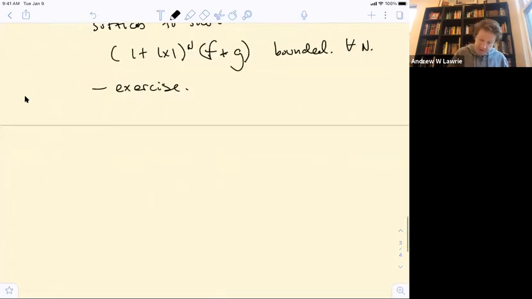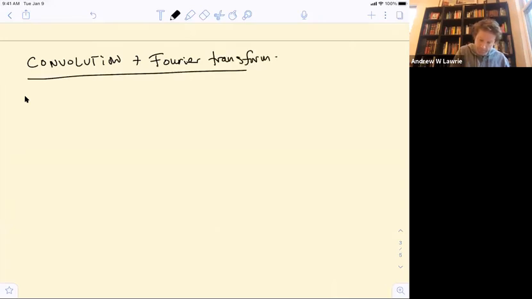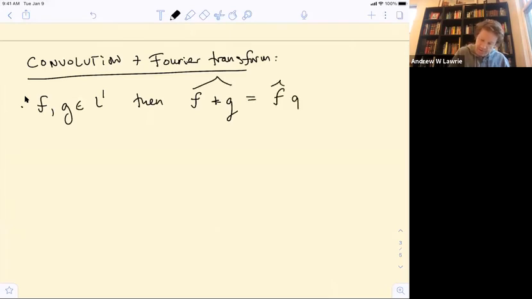Okay, so I'm discussing convolution because I want to tell you how it plays together with the Fourier transform. So convolution and the Fourier transform. If I take f, g in L^1, then the Fourier transform of f convolve g is equal to f hat times g hat.